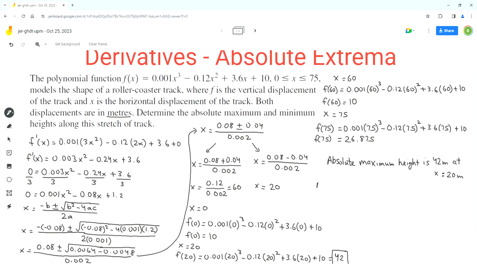So we can write, absolute minimum height is 10 meters at x equals 0 and 60. So this should be the final answer for this problem. So the height of 10 meters is at two x values, 0 and 60.